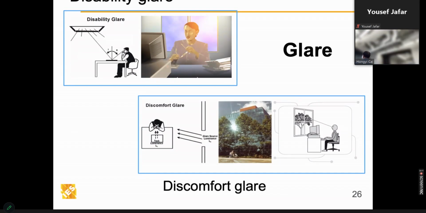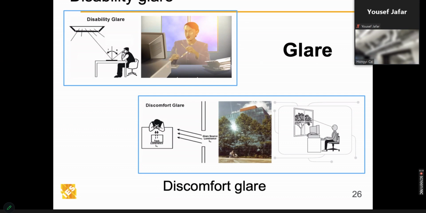Because typical lighting designers or architects lay out the luminaires so that there is a cut-off, so it's not easy to see the source that would blind your eyes. Discomfort glare is not very common in electric lighting design, but in daylight design, disability glare is actually very common.